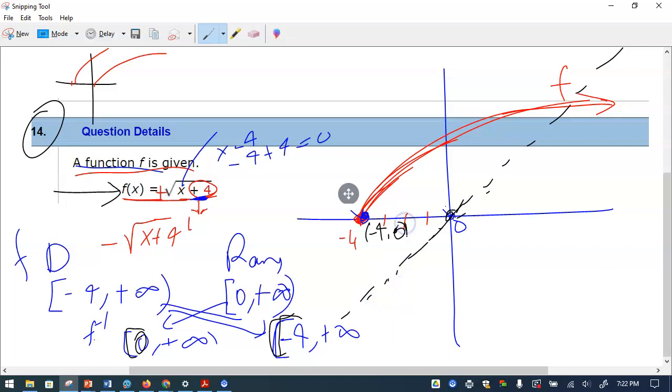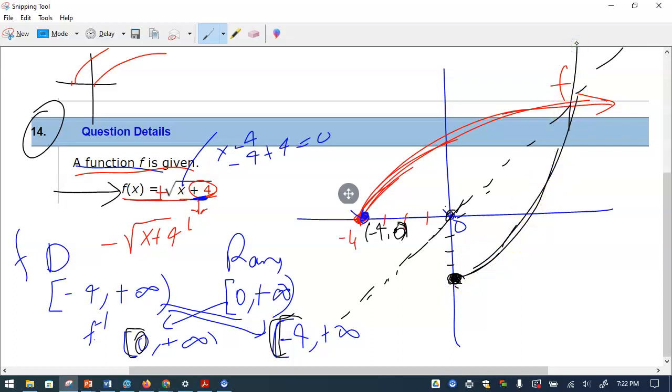You just have to swap this, it becomes 0 for -4. This point goes like this. In order to reflect, it has to go something like this, see? And you are actually done. That's how the graph will look like. Maybe this is how the graph will be.